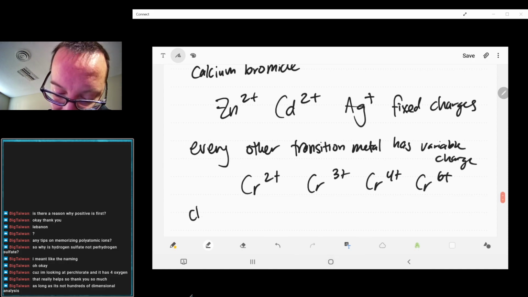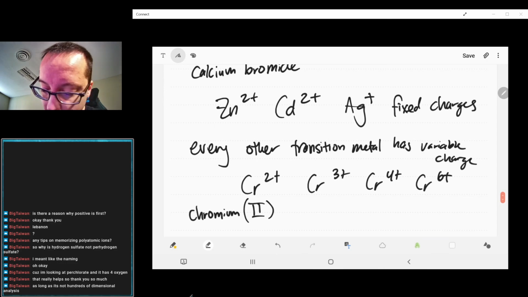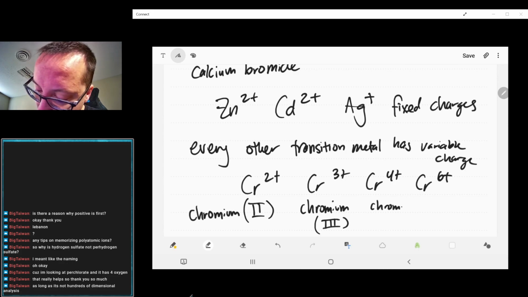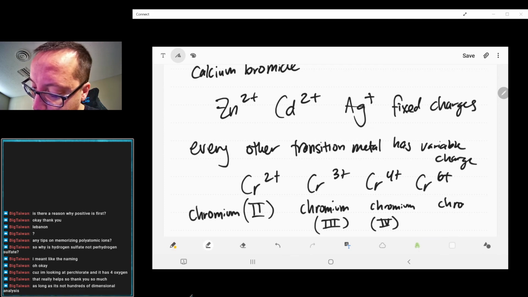We have to distinguish these ones by using those Roman numerals. And then this would be chromium 6 down here.